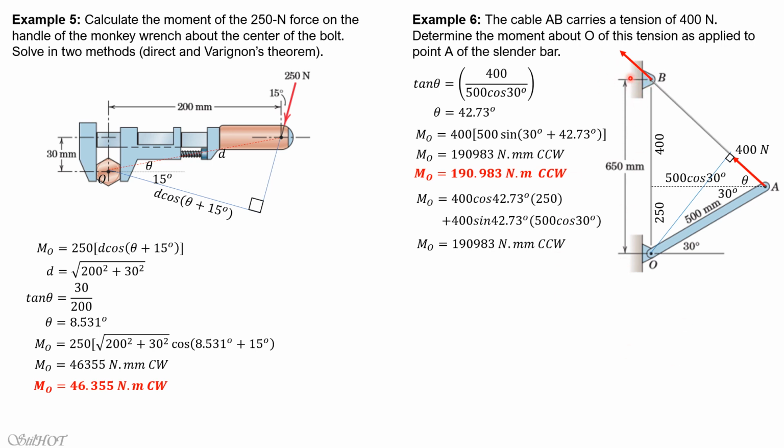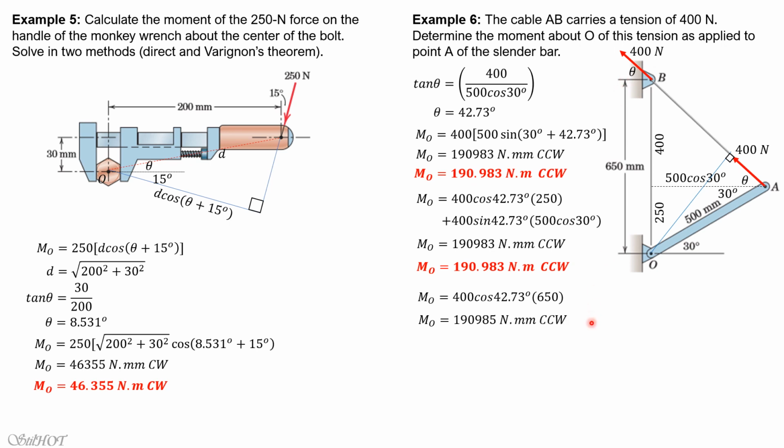So the x component of the force is 400 cosine of 42.73, and the moment arm is 650. The moment about O is 400 cosine of 42.73 times 650.